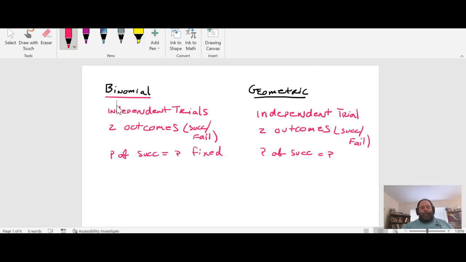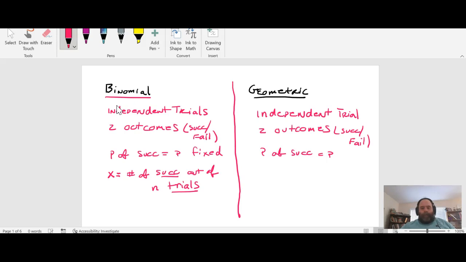The key here is what happens when we get to the random variable. The random variable in binomial counts the number of successes out of n trials. Okay, so x is the number of successes out of n trials.